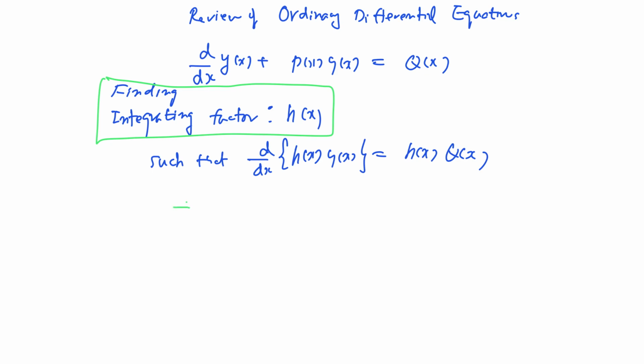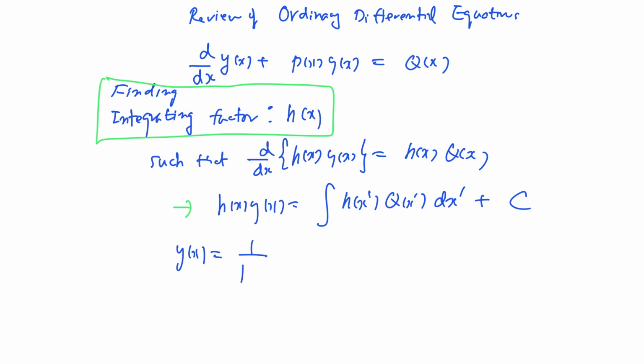Then you just need to integrate the whole thing, right? So h(x)y(x) is the integral of h(x')q(x')dx' plus some constant. Then y(x) is 1 over h(x) times the integral of h(x')q(x')dx' plus c. So the question is, what is h(x)?